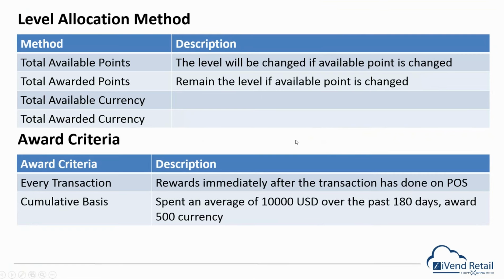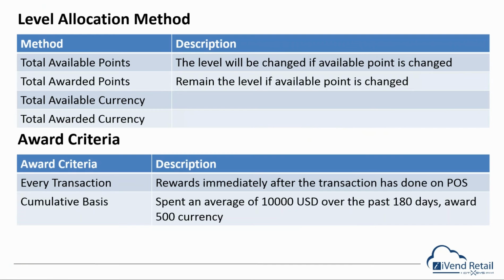Next up, we have the loyalty level allocation method. This is quite important to determine, because please remember that we have a base that we can use, either points or currency, for loyalty.